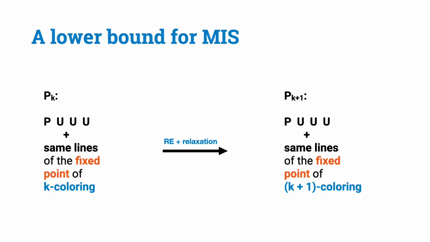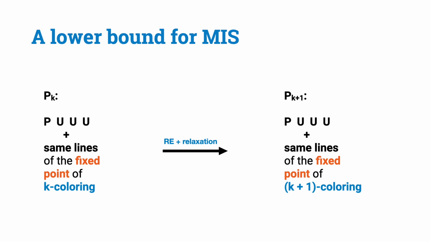Now the cool part comes. MIS is an easy problem in the sense that it can be solved in log-star rounds on bounded degree graphs. Delta coloring, and in general K coloring for any K at most delta, is a hard problem in the sense that it requires omega of log n rounds for deterministic algorithms. What we did in order to prove a lower bound for MIS, and in fact for the whole family of arb-defective colored ruling sets, is to define a relaxation of the problem, in the example MIS, where we also allow the additional configurations that make the K coloring problem a fixed point.